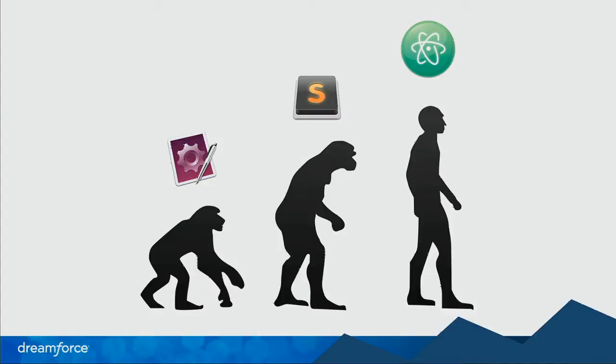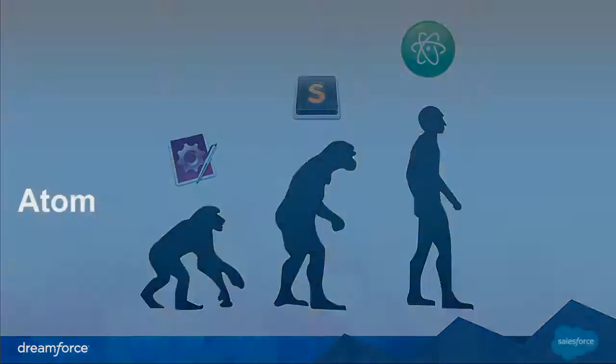But what we've seen very recently is that there's been a reliance upon modern web technologies for building these applications. So an example is Brackets, which is an open source project from Adobe, and also Atom, which is backed by GitHub. So David's going to come up and talk a little bit about why we're so excited about Atom specifically.